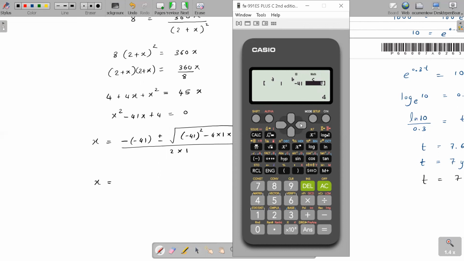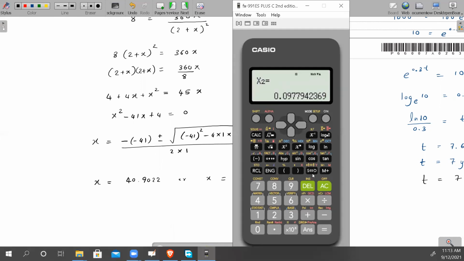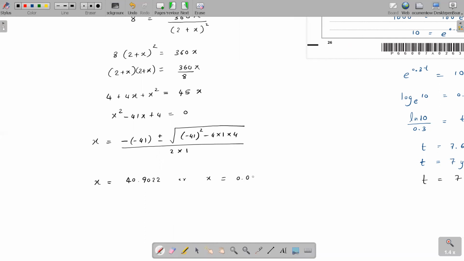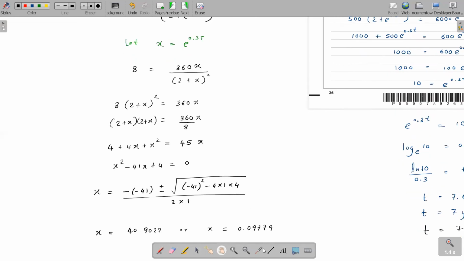When we simplify, the first figure I get is x equals 40.9022, or x equals the other figure, 0.09779. So now replace back the x. x is e to the power 0.3t.